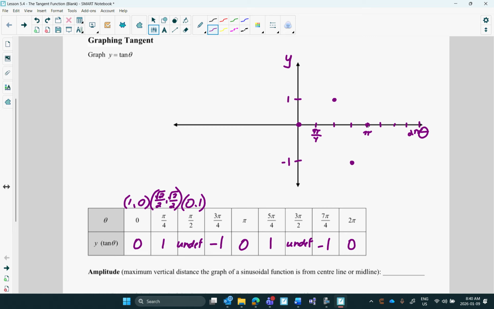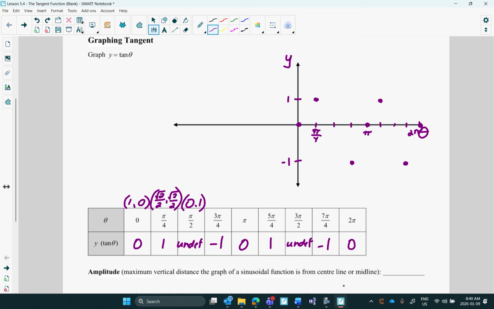Pi gets us back to 0. 5 pi over 4 gives us 1. 3 pi over 2 is undefined again. This is negative 1. And this is 0. And then we could see the pattern would keep repeating. Wait a minute. I put that at the wrong spot. That should be there.